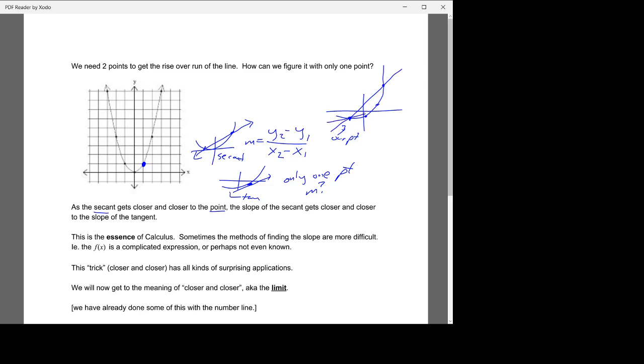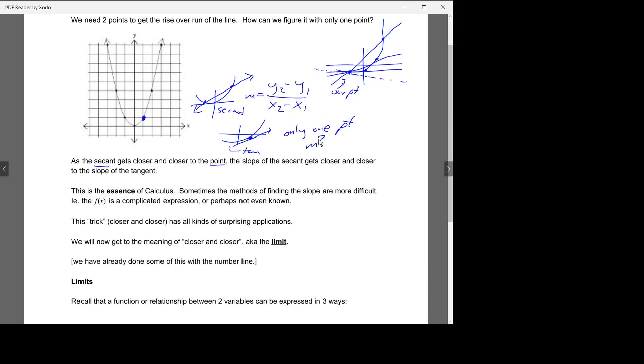As we do so, the slopes of these get closer and closer to the slope of the tangent. You see how that one's way off, but these are getting closer, and if you drew another one in, it would have to go between both these lines each time you get closer points.